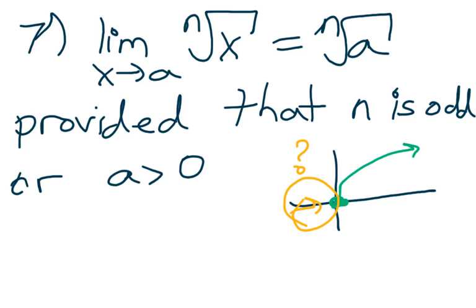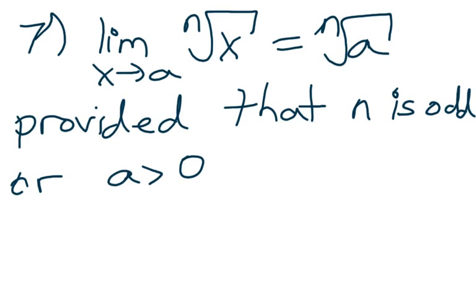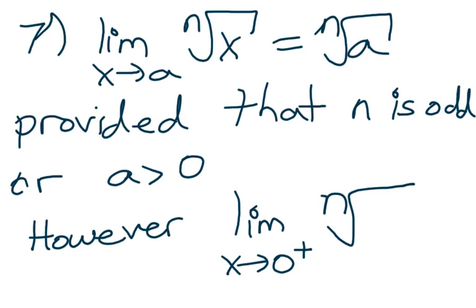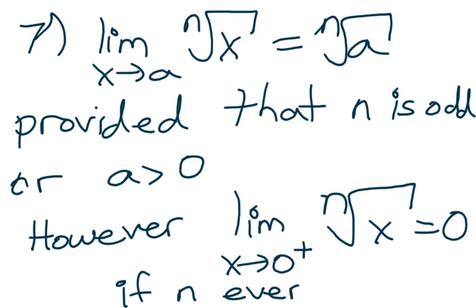So the overall limit can't exist because the function, and hence the limit, doesn't exist from the left-hand side. So that's why we can't use a equals 0 if we're talking about the limit. However, we can talk about the right limit. So we can say the limit as x approaches 0 from the right of the nth root of x is equal to 0 if n is even. But if n is even, the overall limit at 0 doesn't exist because it doesn't exist from the left-hand side.